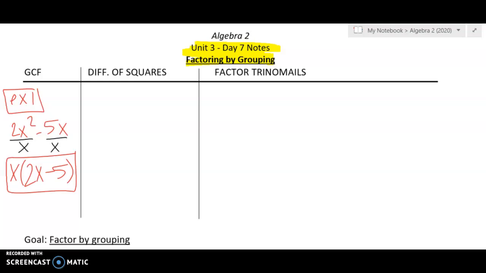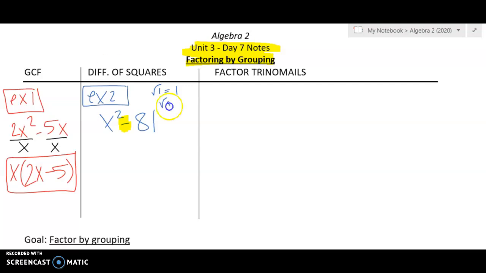Okay, after that, or kind of that same section, we did difference of squares. So let's call this example 2. If you have a problem that looks something like this, x squared minus 81. Remember, you wanted to make sure that it was a binomial. It had two terms. It had to have a minus sign on the inside, and then the numbers had to be perfect squares. So the square root of 1 is 1.